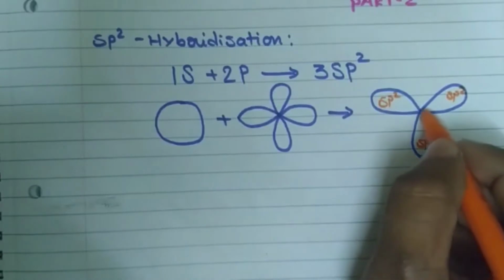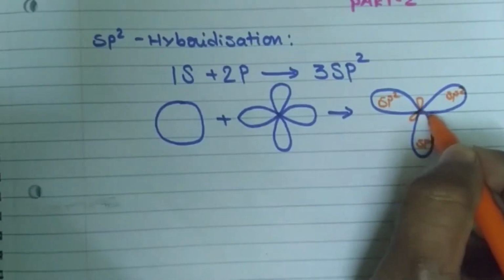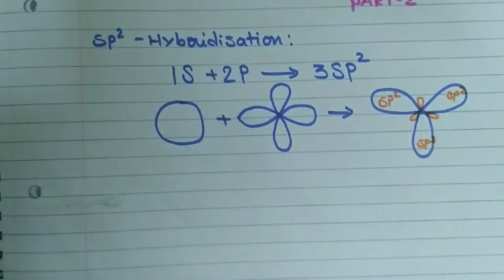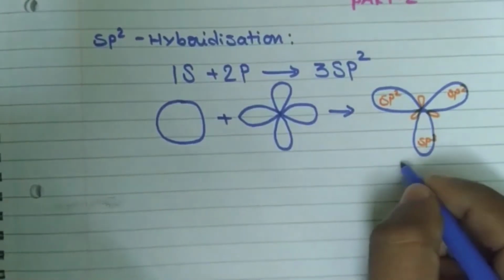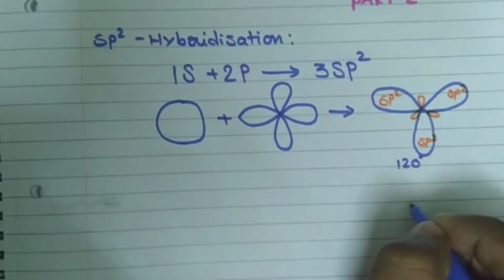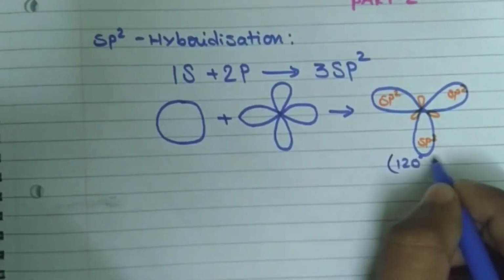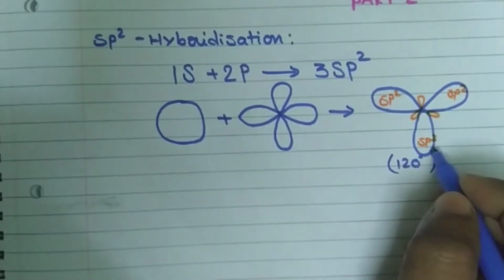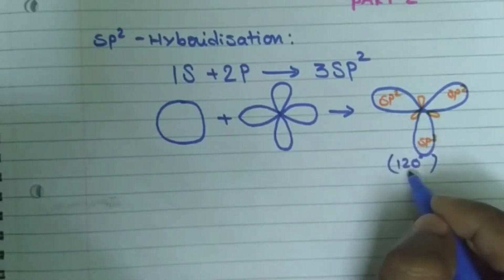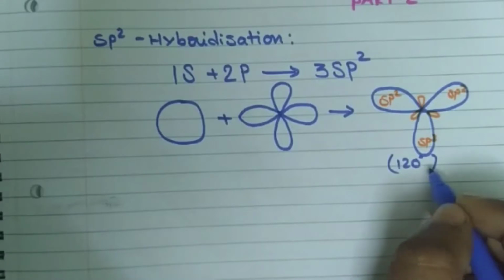The angle between each pair of sp2 orbitals is 120 degrees.